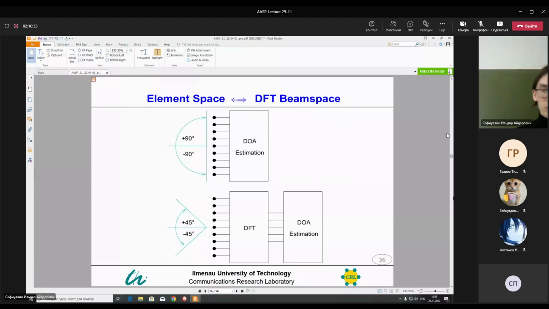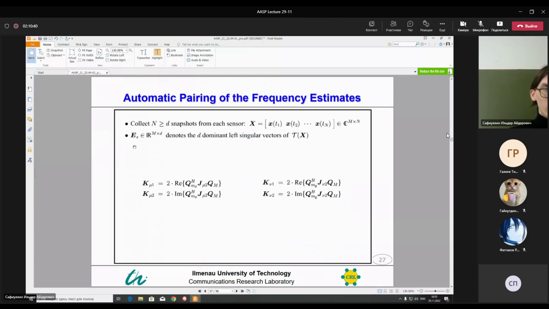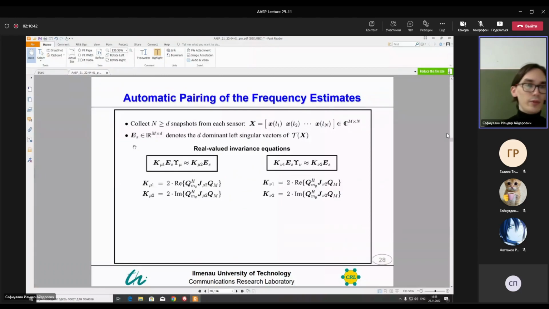Sorry. So here we have this real-valued invariance equations for 2D unitary ESPRIT.